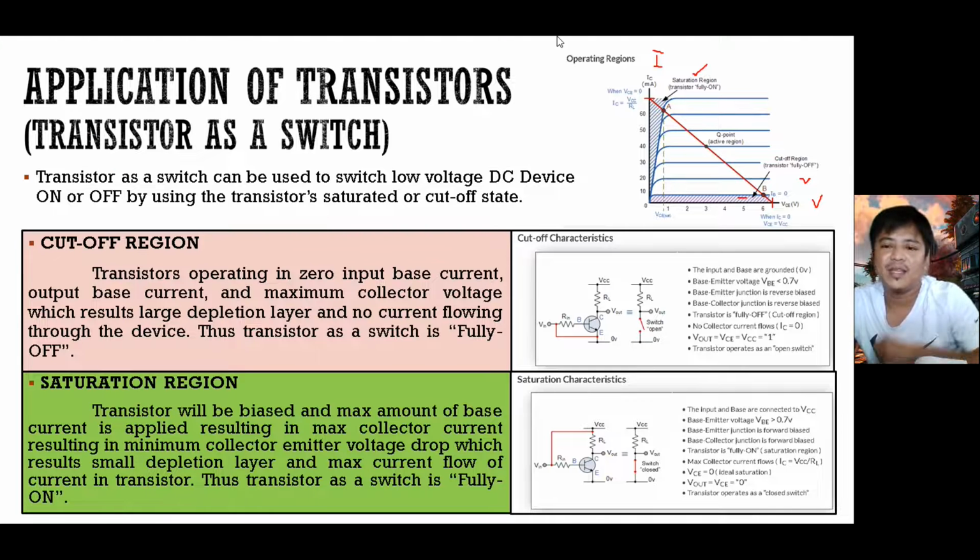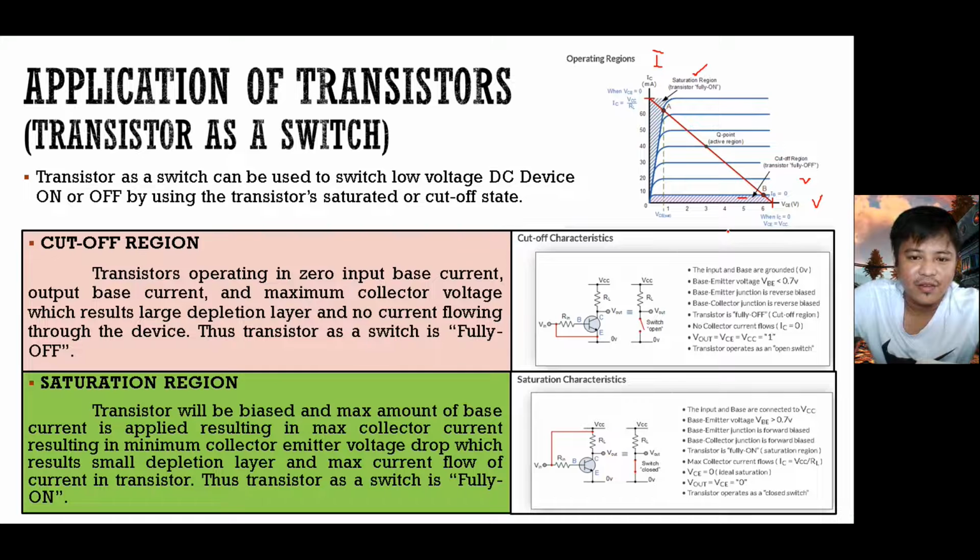And if nalampasan niya na yung voltage na yon, magiging on state lang siya. Kumbaga, it is a matter of on and off lang po. So, what is this enough voltage to switch our transistor on or off?